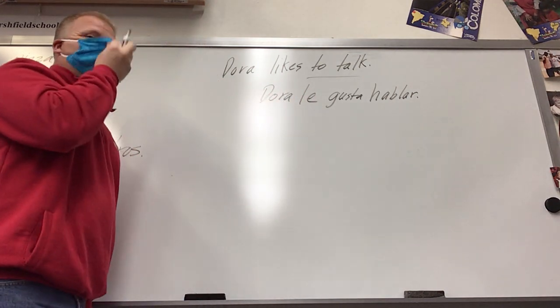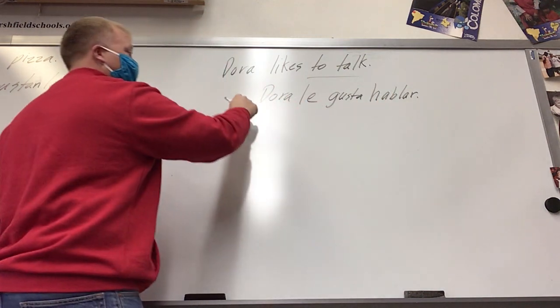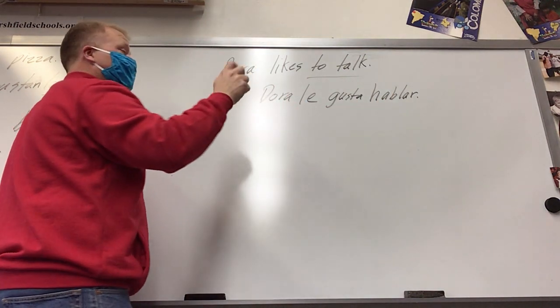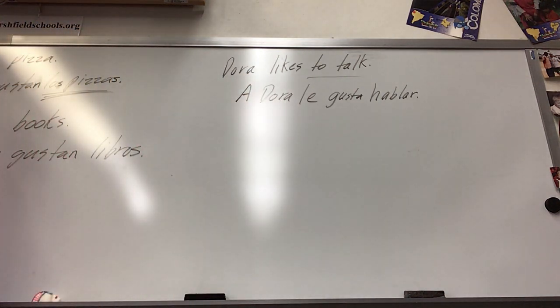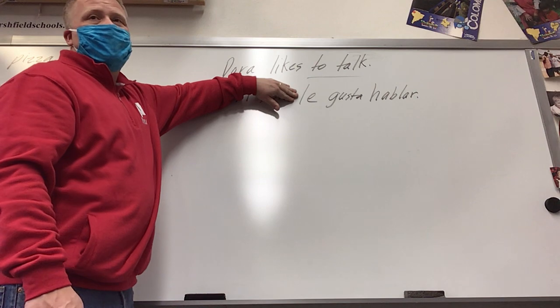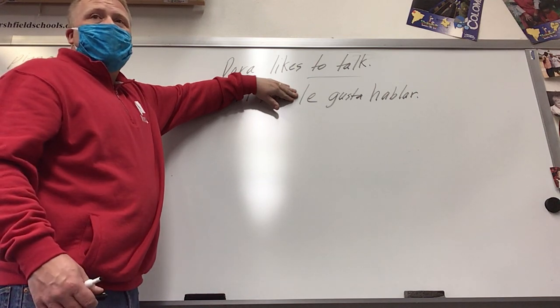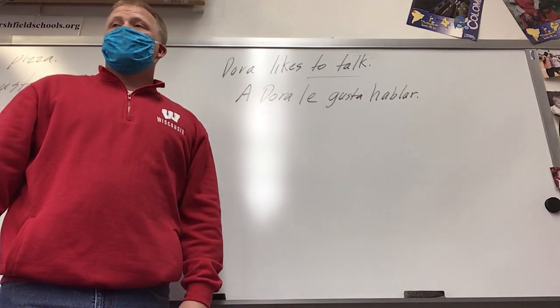But literally, what does the sentence mean? Talking is pleasing to Dora. So what do we have to put at the beginning? A Dora le gusta hablar. Dora likes to talk. See, if we just said le gusta hablar, who are we talking about? We don't know yet, right? But if we put a Dora, now we're clarifying that it's Dora.